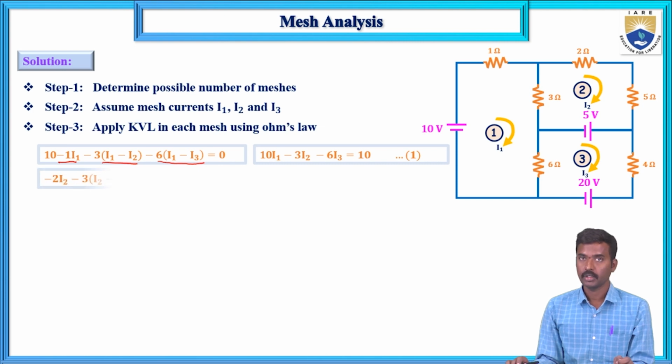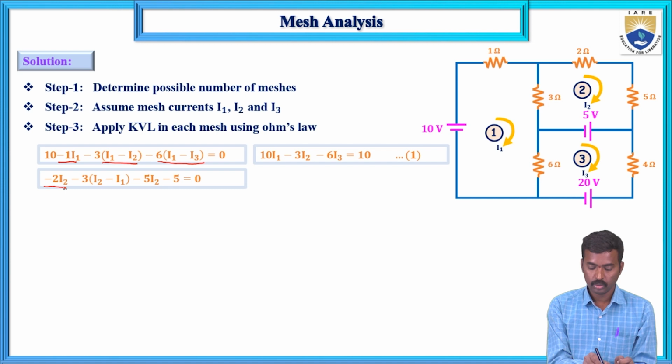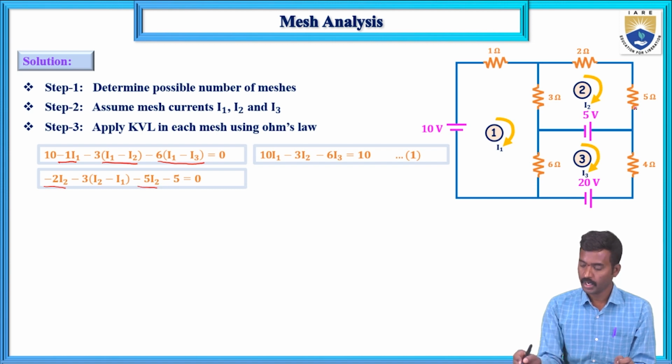Equation number 1. The second mesh: in this mesh, 2 I2, minus 5 I2.